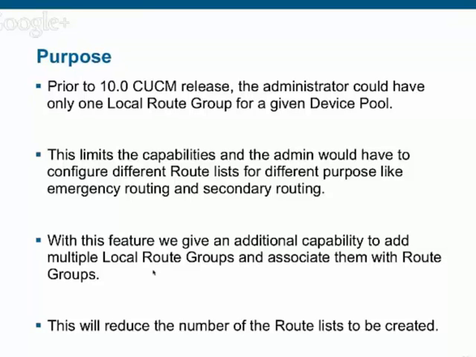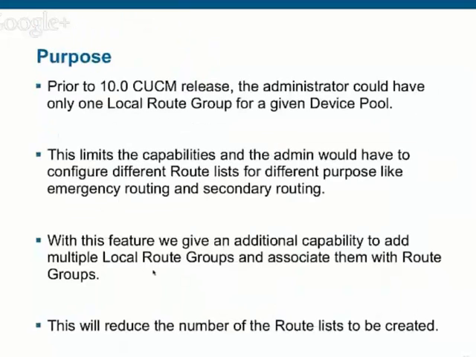For different patterns, you might want different things, and it becomes way too populated on your route plan report when you see so many route patterns followed by so many route lists and so many route groups. It's cumbersome for some administrators, but some people like it that way. But this feature is definitely going to ease lives for those who get strained looking at that many route lists.